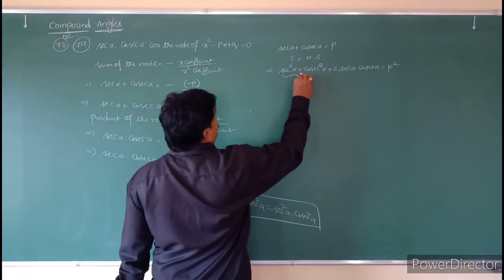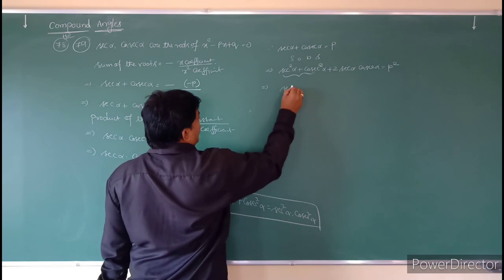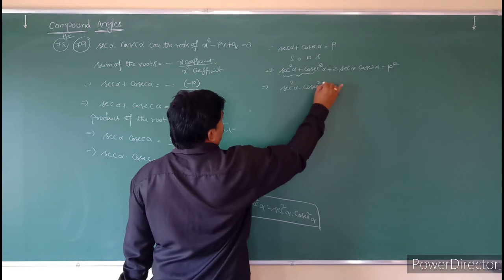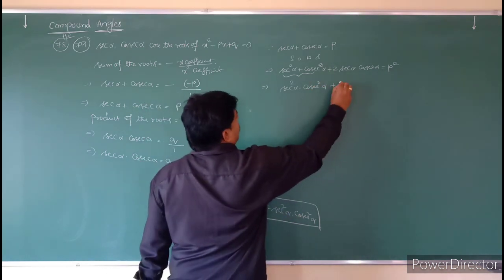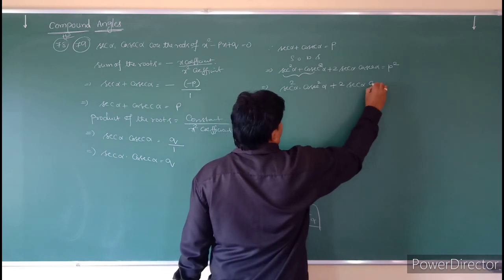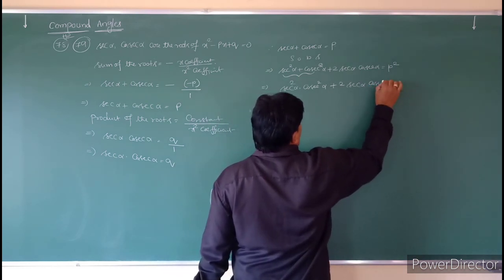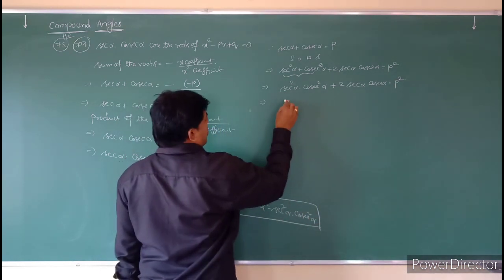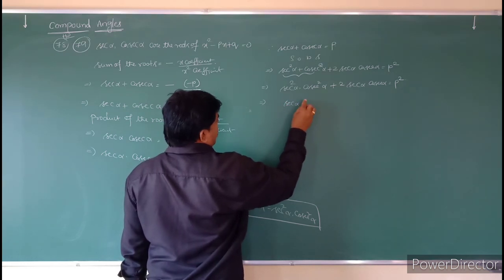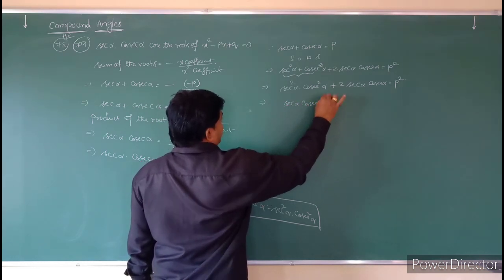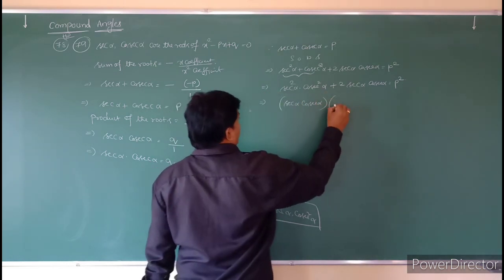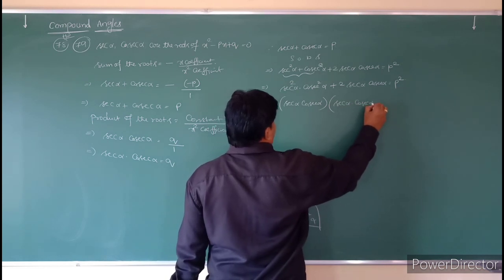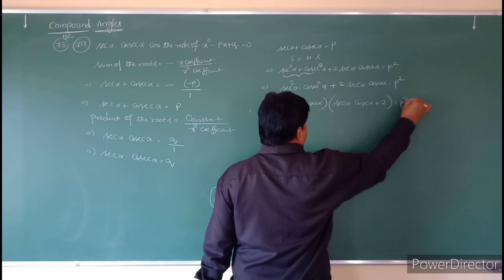So from these two, you can write secant square alpha into cosecant square alpha plus 2 into secant alpha into cosecant alpha is equal to p square. Taking secant alpha into cosecant alpha common, it becomes secant alpha into cosecant alpha, into secant alpha into cosecant alpha plus 2, equal to p square.